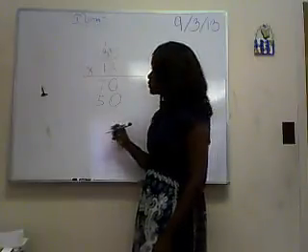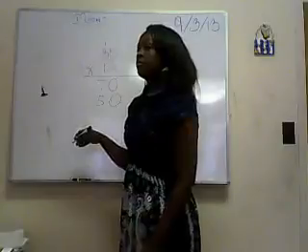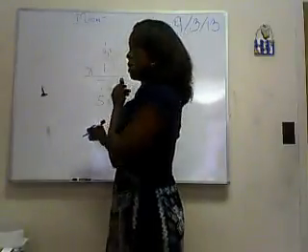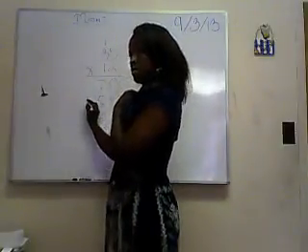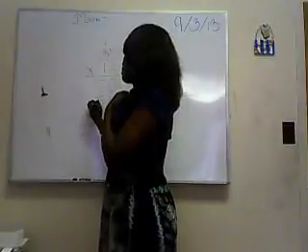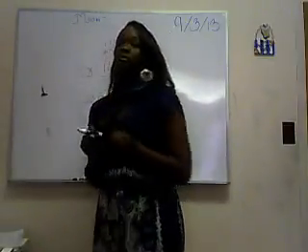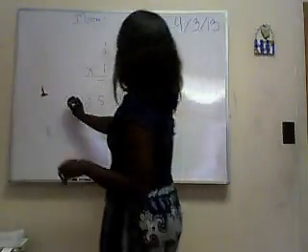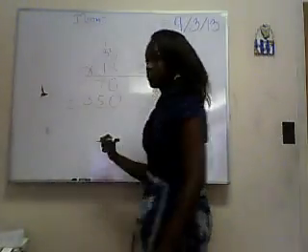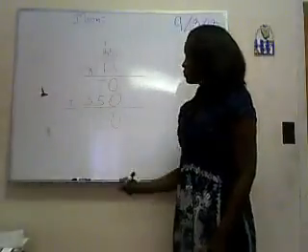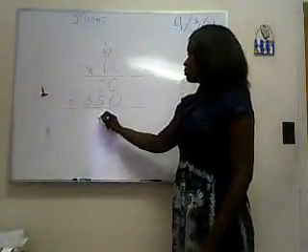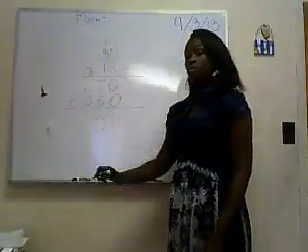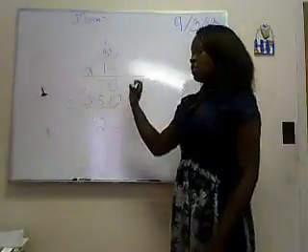Then 3 times 1. Where do I put it? Right there. Now what do I do? You add. What would I get? You get 0, 2, 4, 20. Okay, so we good with this, right?